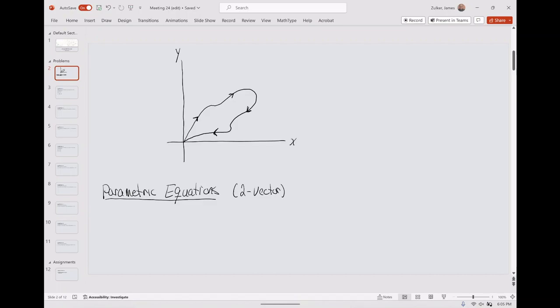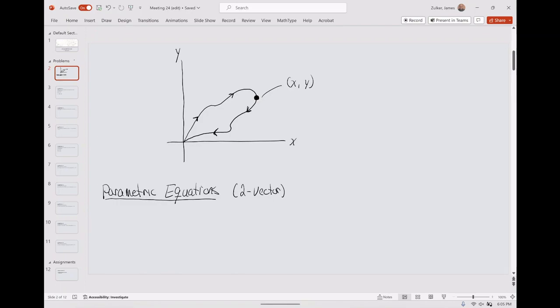Well, let's take some point. At that point, it's going to have some x-coordinate, some y-coordinate, right? In fact, every single point along this path is going to have an x-coordinate and a y-coordinate.